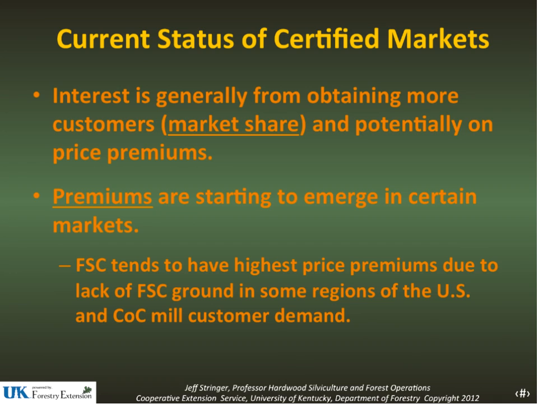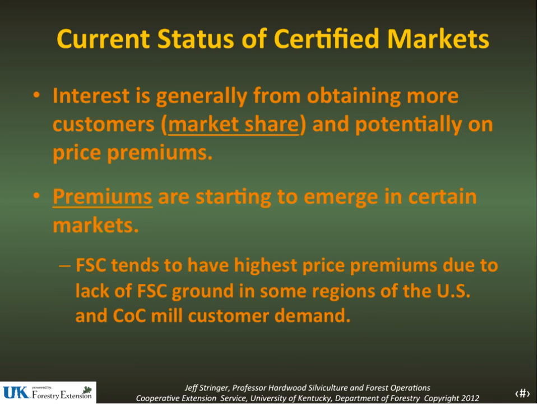Now, premiums are starting to emerge. It's not happening near as fast as everybody probably thought when this whole certification thing started up. They thought premiums might come online a little quicker than they have. So premiums are there, particularly in secondary wood industries that are making cabinets, that kind of thing, final products, if you will. There tends to be more premiums there, and as you move down the supply chain, it tends to be less. FSC tends to have the highest price premiums right now, primarily due to the fact that in some regions of the country, there's less FSC ground available.